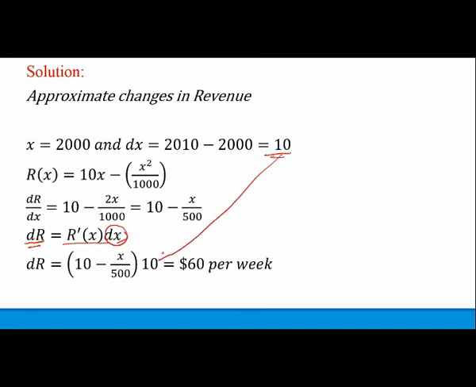You put dx in here, and dR over dx is 10 minus x over 500.